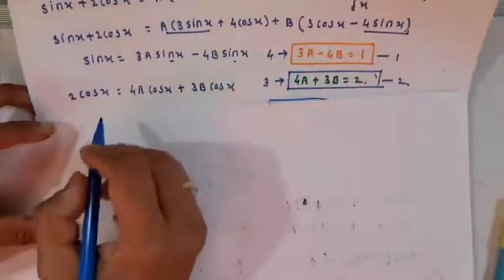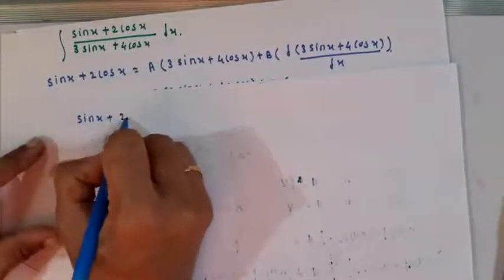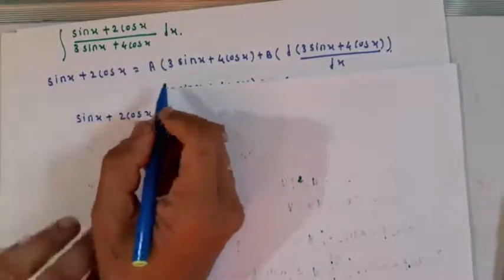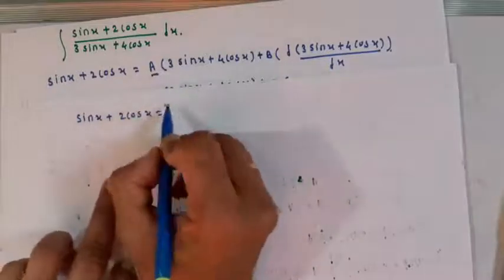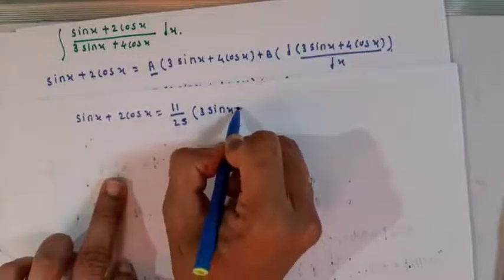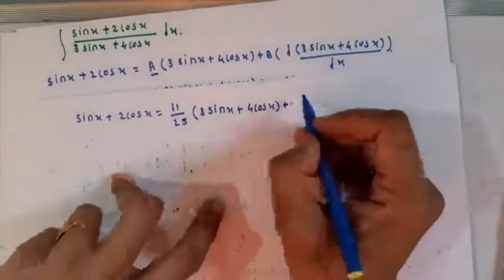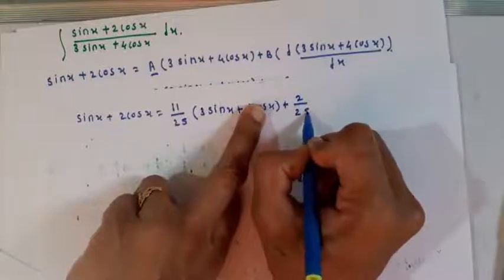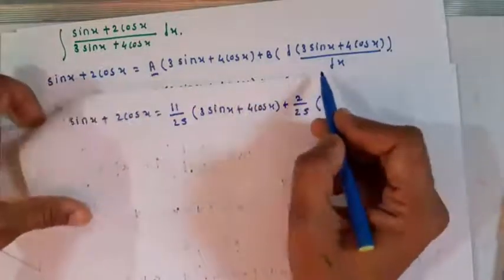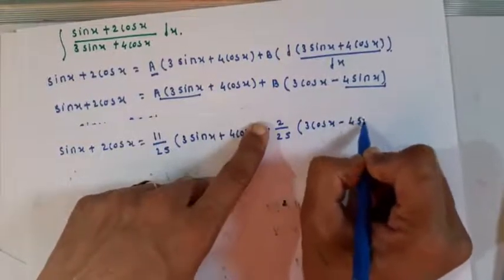The numerator sin x plus 2 cos x is equal to a into 3 sin x plus 4 cos x, where the value of a is 11 upon 25, plus b times the derivative of the denominator, 3 cos x minus 4 sin x, where the value of b is 2 upon 25.